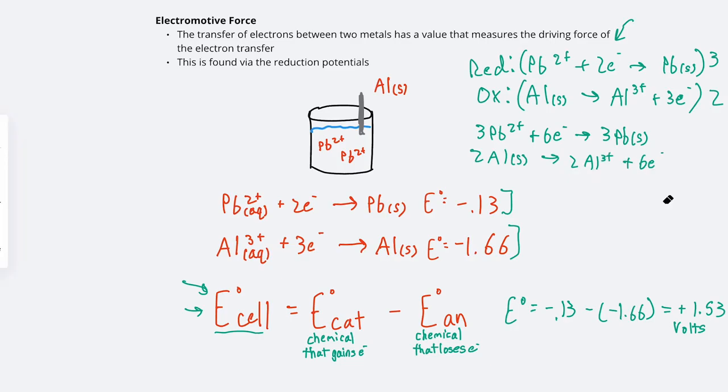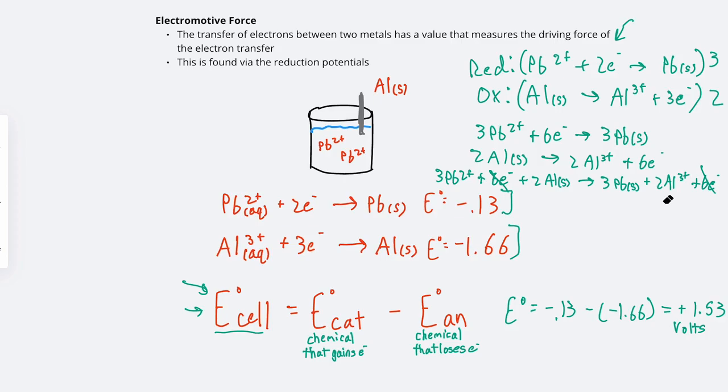Now you combine everything that's on the left and put that all on the left side of your final reaction. So that is 3 lead 2 plus plus 6 electrons plus 2 aluminum gives you 3 solid lead plus 2 aluminum 3 plus plus 6 electrons. And then the final thing you do is cancel out anything that shows up on both sides like you do with any equation. So we cross out our 6 electrons, and then what is remaining is your balanced redox reaction.